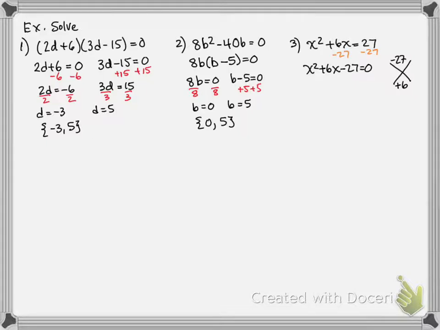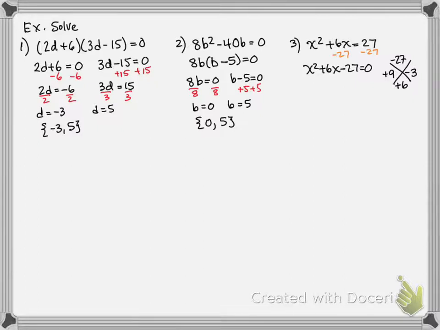So to get a negative product, I have to have different signs, and the bigger factor is going to go with the plus sign. So factors of 27 are 3 and 9, and they subtract to give me 6, which is exactly what I need.